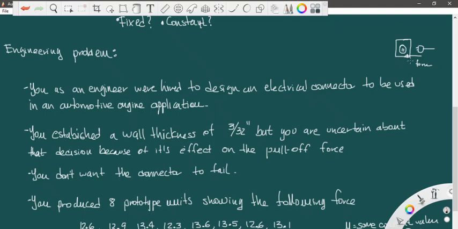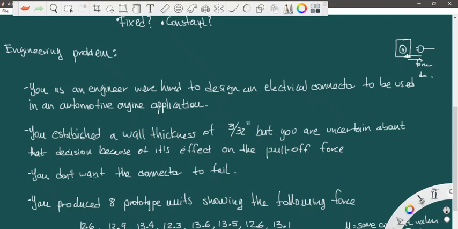And if you apply a force in the opposite way, you can get this disconnected. So this is the pull-off force. There are some effects on that pull-off force that make you adopt this 3/32 thickness on the wall for that connector.